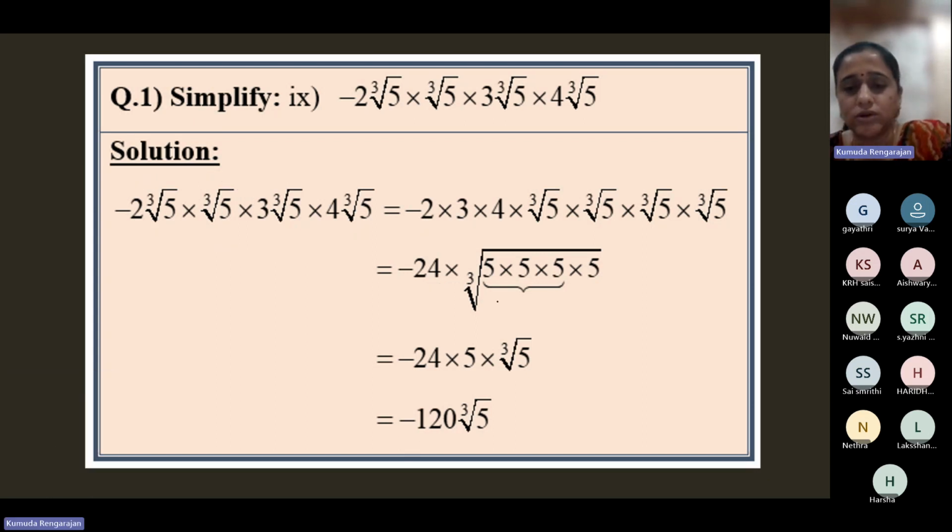Now under the cube root, from 3 equal factors, you can bring 1 out. So from 3 fives, 1 five out. And this 5 remains under the cube root. So now -24 into 5 is -120 cube root of 5. Any questions?